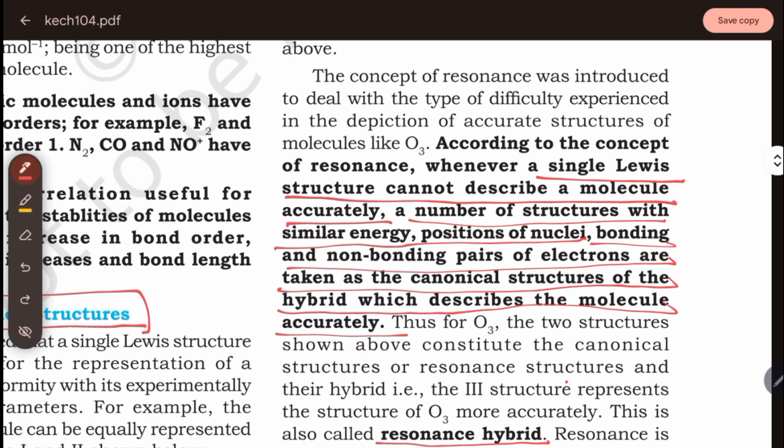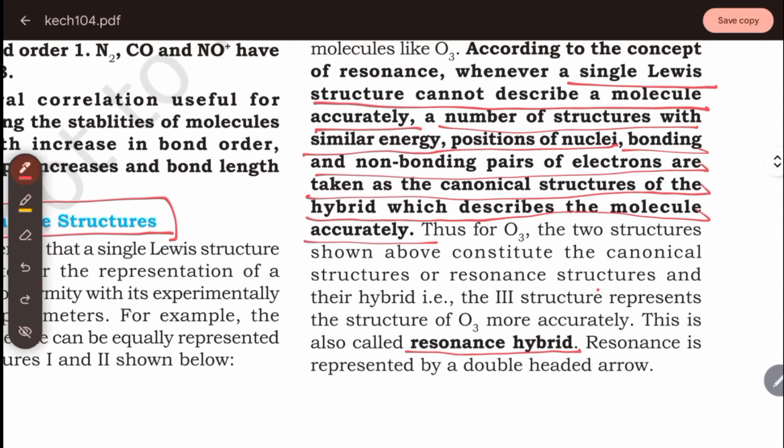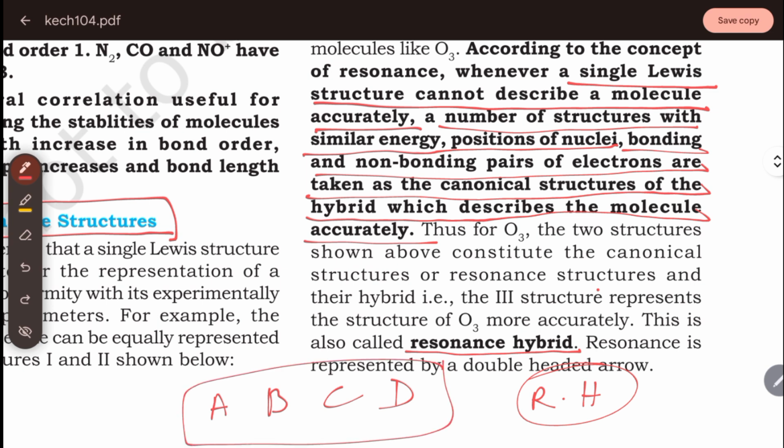Always remember, the energy of the resonance hybrid is lower than any of its canonical forms. Suppose there are A, B, C, D canonical forms of a particular resonance hybrid structure. Now, all canonical forms may not have equal contribution.